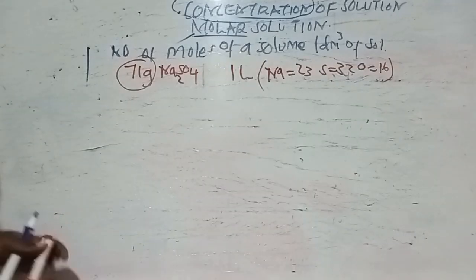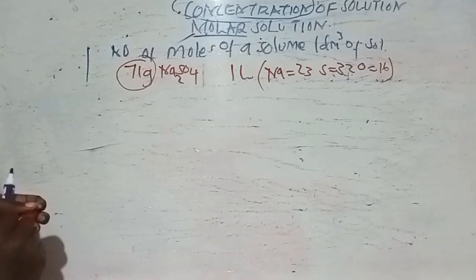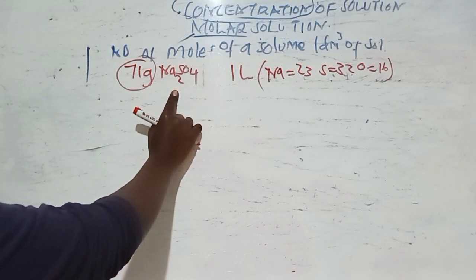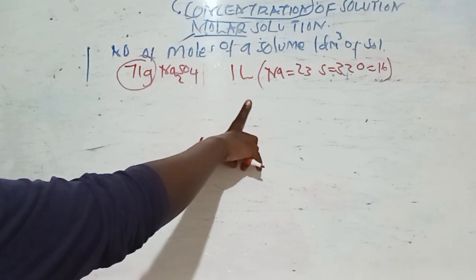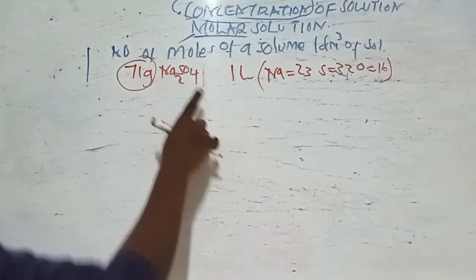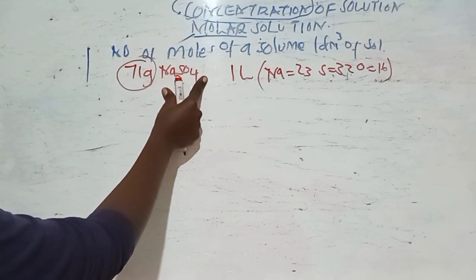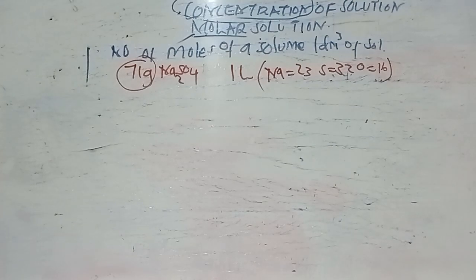The second question is, suppose you're given 71 grams of sodium sulfate dissolved in enough water to make 1 liter of solution. Determine the molarity of the solution formed. And then you've been given the masses of your elements. That's why we said it's important to know how to write the proper formula of your compounds.